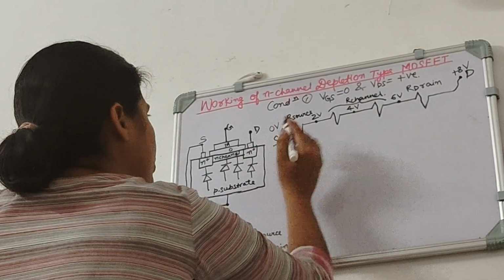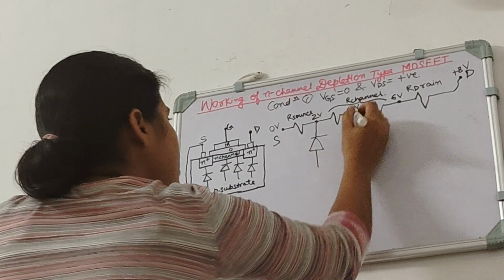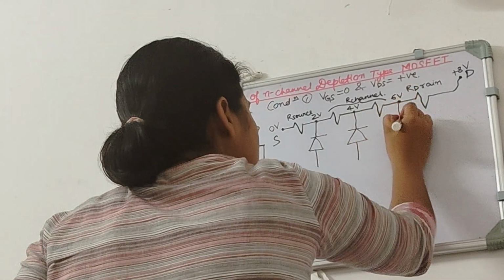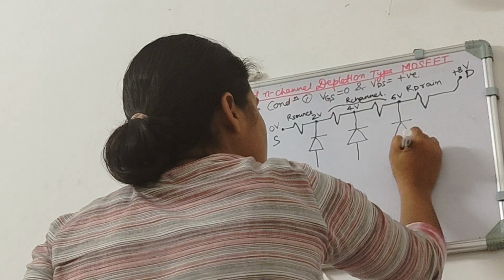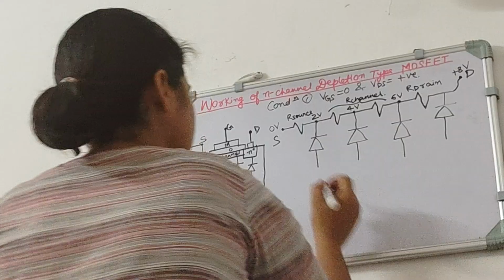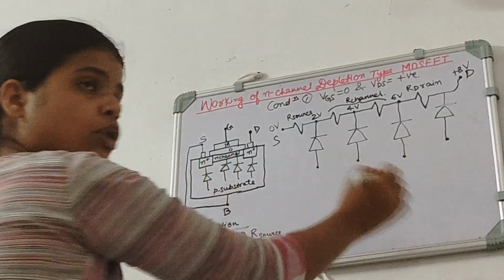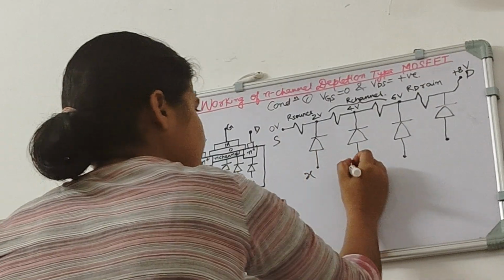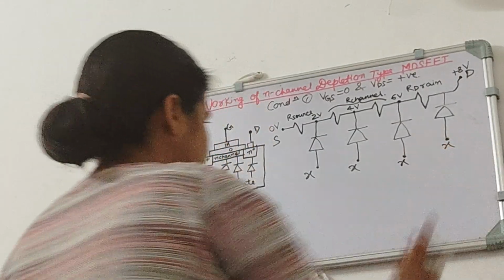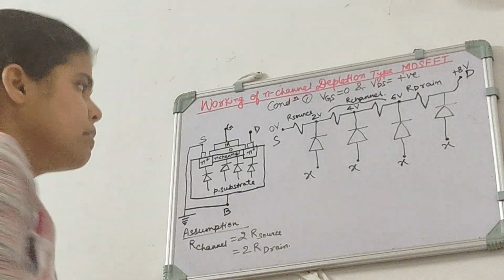Now let's draw these diodes here one by one. All these diodes will have the same voltage here, X, let it be X. So all will have X, X, X, X because all are connected to the same P substrate.